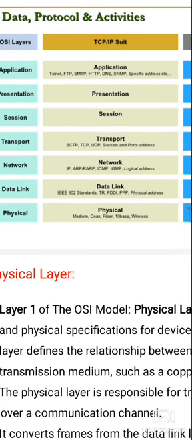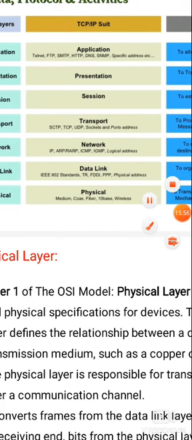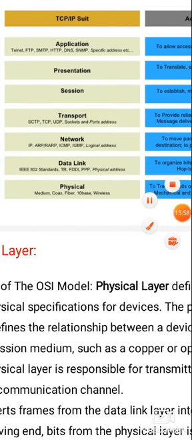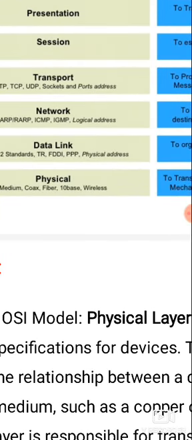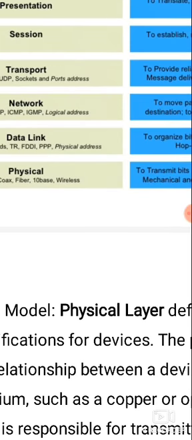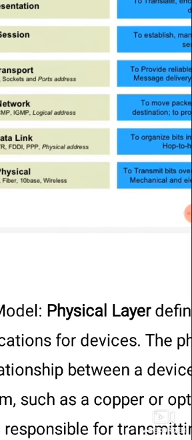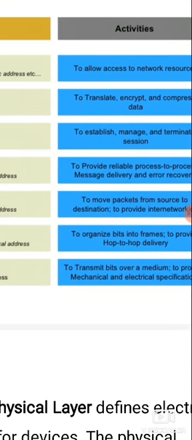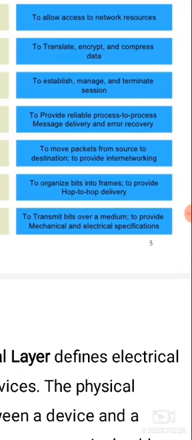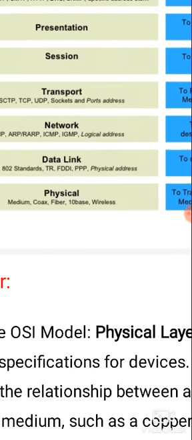The data link layer connects using IEEE standards, or FDDI, fiber distributed data interface, using fiber optic cable, or point to point protocol, or physical address. The activity of this layer is to organize the bits into frames, and it provides hop to hop delivery.